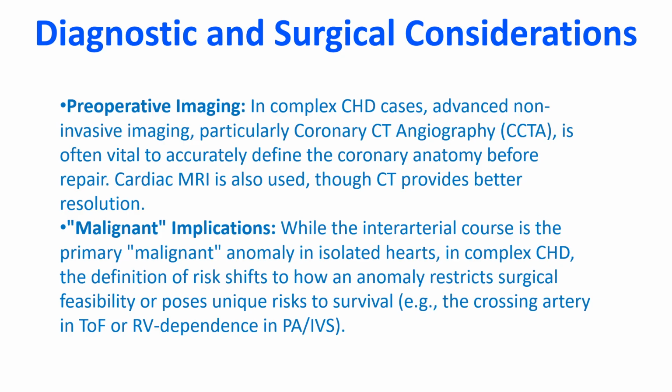While interarterial course is the primary malignant abnormality in isolated hearts, in complex congenital heart diseases, the definition of risk shifts to how an anomaly restricts surgical feasibility or poses unique risks to survival. Example, the crossing artery in TOF or RV dependence in pulmonary atresia with intact interventricular septum.